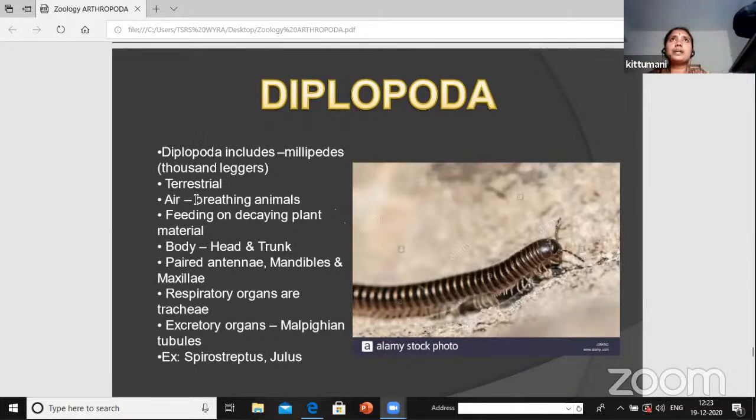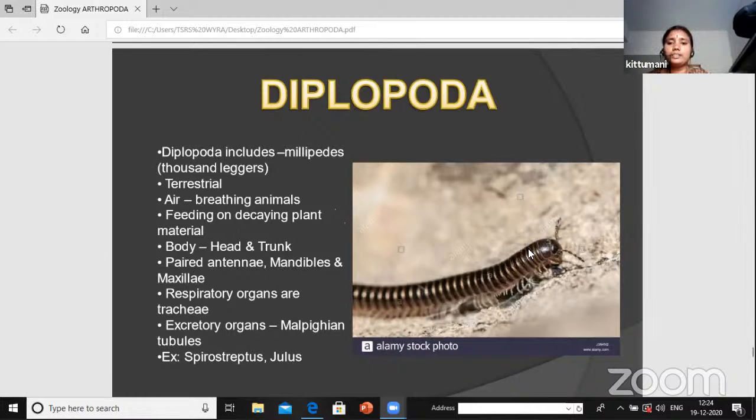Okay, they also belong to the terrestrial mode, but they are not carnivores. They eat deposited humus, soil and decaying leaves. But in the case of Chilopoda, they are carnivores. They are terrestrial, air breathing animals feeding on decaying plant material and soil. Body is divided into head and trunk.